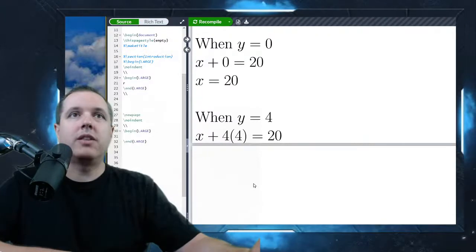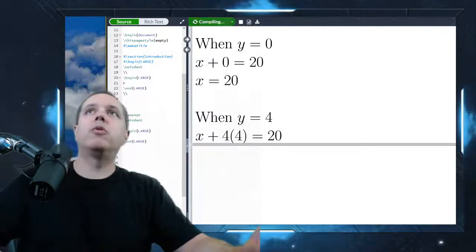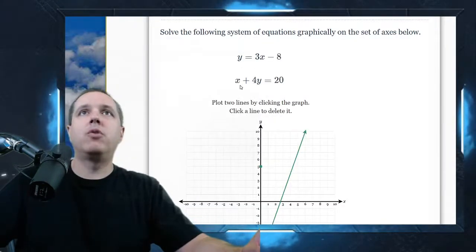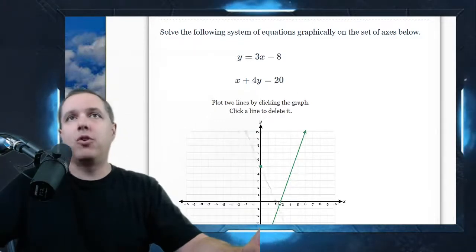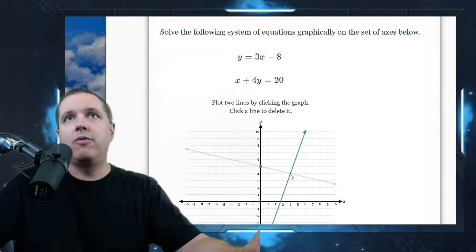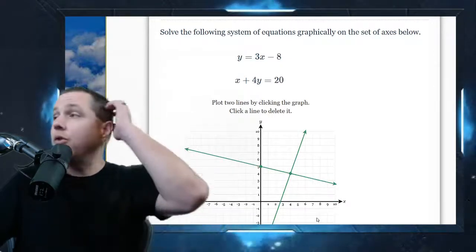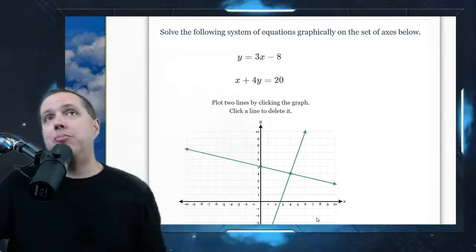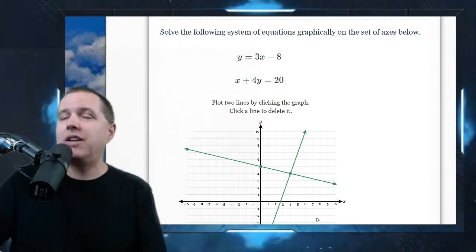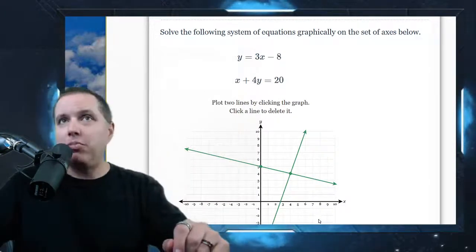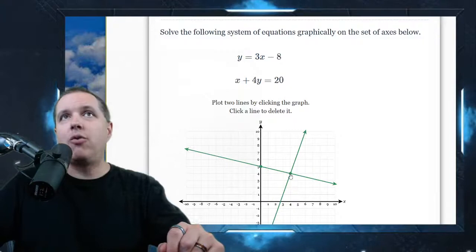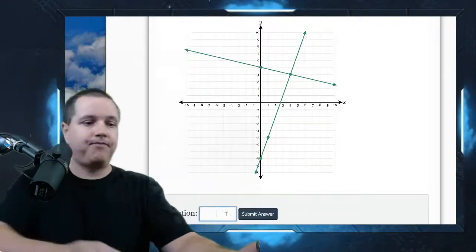Let me double check that works. 4 + 4 times 4, yeah, (4, 4) works. So I'm going to go over to the point (4, 4). In fact, it looks like (4, 4) is our solution. It just happened to be the point that I found for the one equation that also happened to be the point of intersection. So it looks like (4, 4) is our solution.